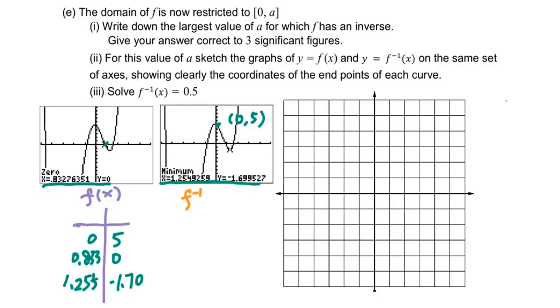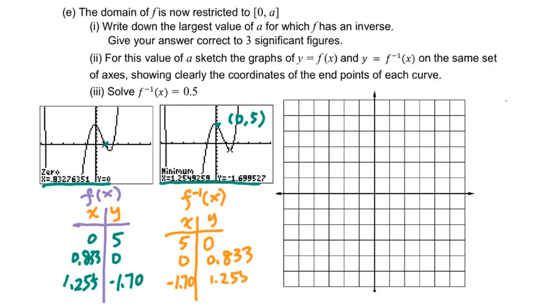For inverse of f(x), we switch this x and y. You will get 0.833, negative 1.70, 1.255. We will plot these points on this graphing calculator. The green graph will be f of x.